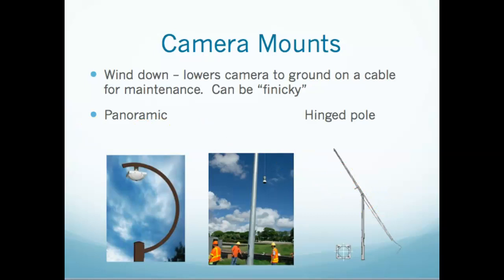But over time, in the life of a camera, the amount of times you may need to work on it, to service it once a year, just to do basic preventative maintenance, clean the lens, check the heater, make adjustments in the lenses and those types of things, change an infrared unit on it. The life of the camera, the right camera mount will save you cost of ownership every time.